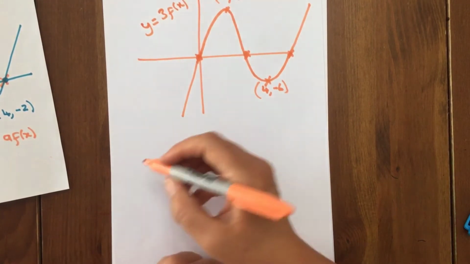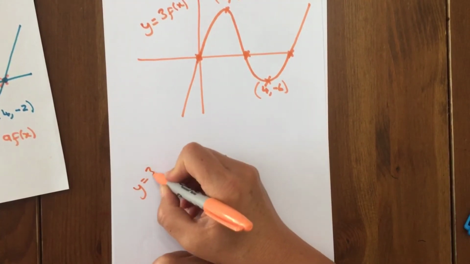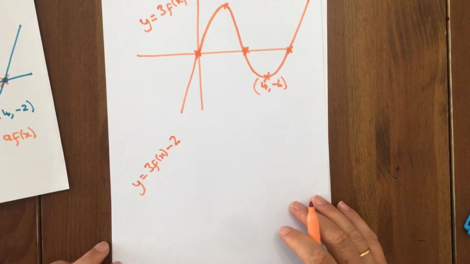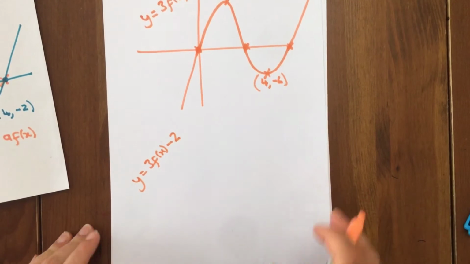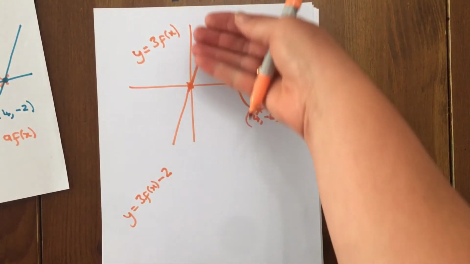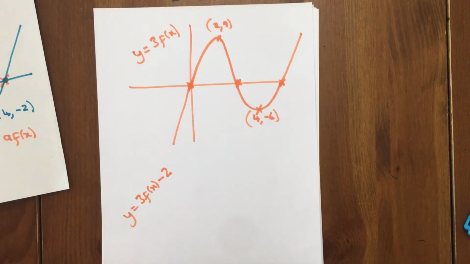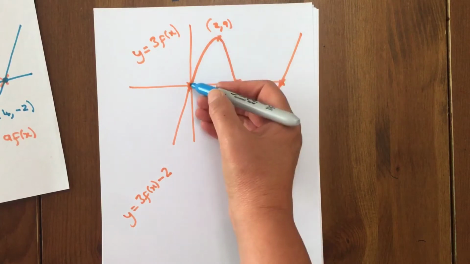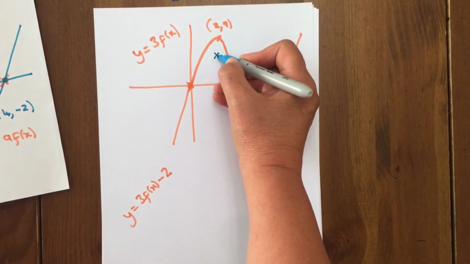But you are asked to sketch y equals 3 f of x take away 2. So if I'm taking away 2, what will happen to my graph is the whole graph will move down by 2. So this was 2 along 9 up, it will go 2 along now 7 up.